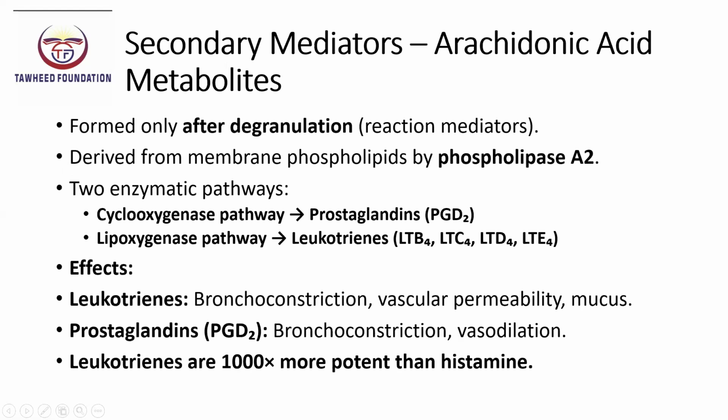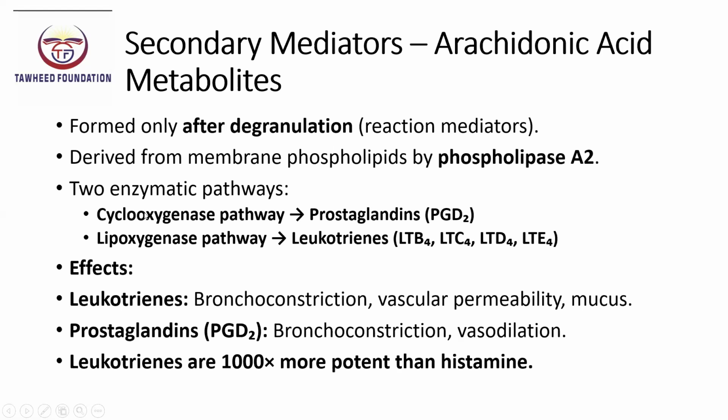Next is secondary mediators, arachidonic acid metabolites. Secondary mediators are generated after mast cell degranulation through metabolism of arachidonic acid, which is liberated from membrane phospholipids by phospholipase A2. There are two main pathways, the cyclooxygenase pathway and the lipoxygenase pathway.